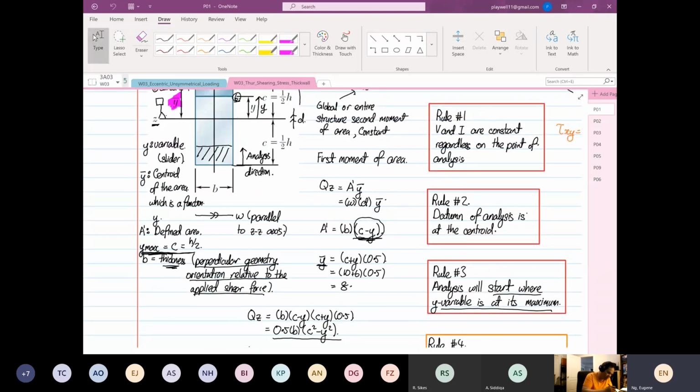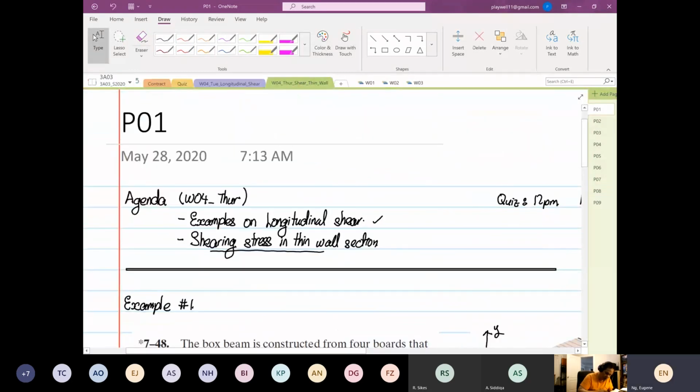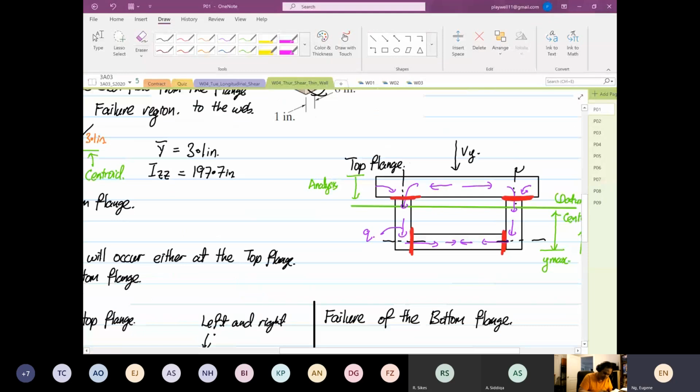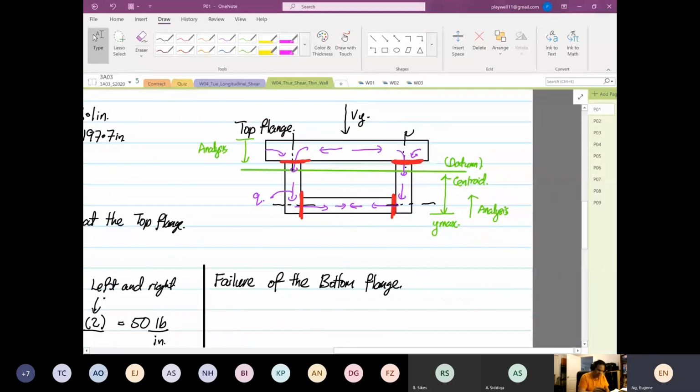So coming back to here, y max will start from the maximum at the bottom, and once this variable starts to reduce, let's say it hits here, it covers the entire area of the flange.